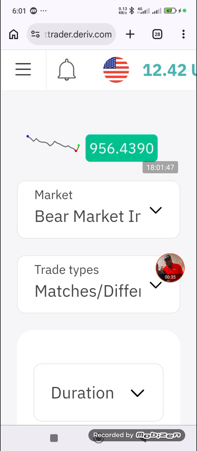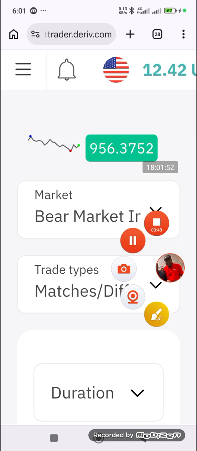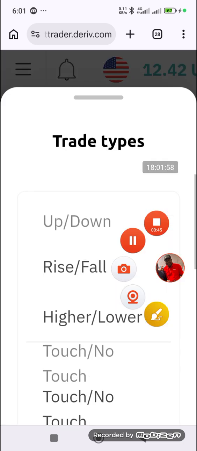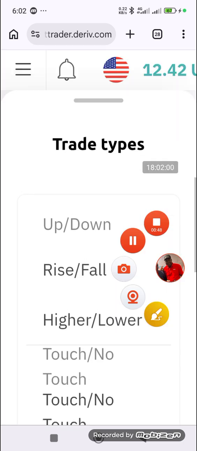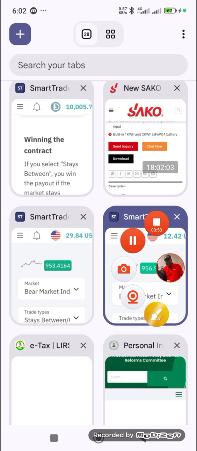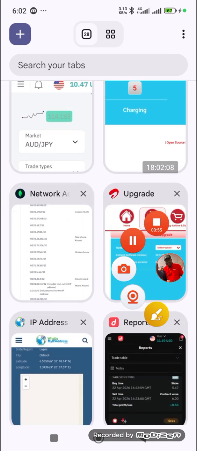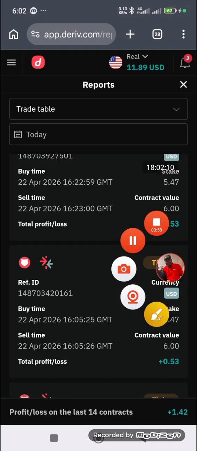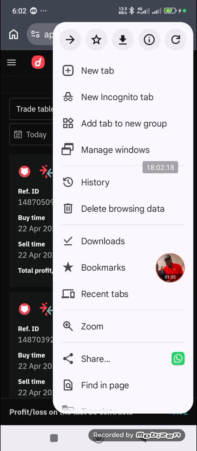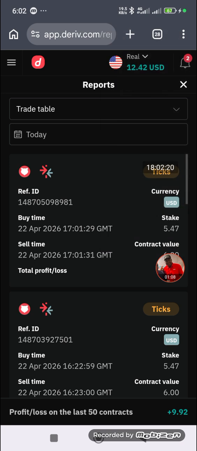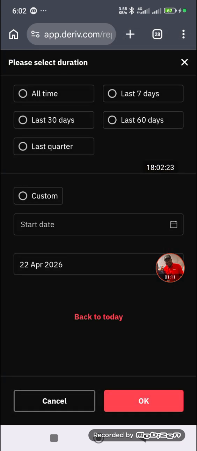For instance, before now, I did a recording that took almost 40 minutes, and I felt that was too long a time. So I wanted to shorten the time frame. That's why I did this trade.